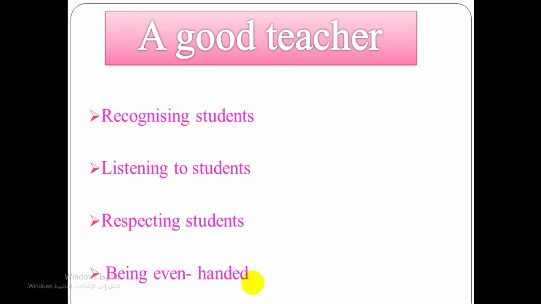They take responsibility for their own learning. Teachers like some students more than others, maybe because those students depend on themselves and take responsibility for their own learning.